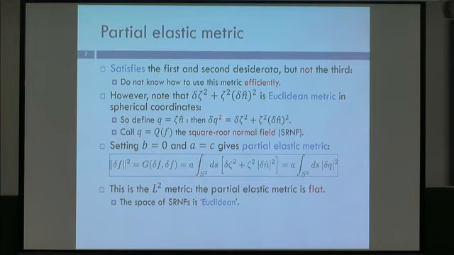And you can see now that it's dramatically simplified. This is simply the L2 metric. It's effectively Euclidean. It's flat. This metric has zero curvature. And that's going to dramatically simplify everything that we want to do in terms of surfaces. That's not to say this is without issues, and I'll get to those issues in a minute. So this is the metric that I'll talk about from now on.